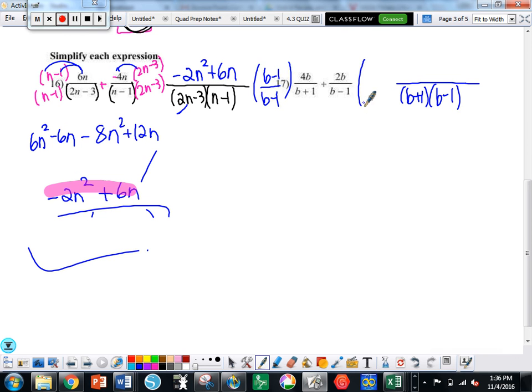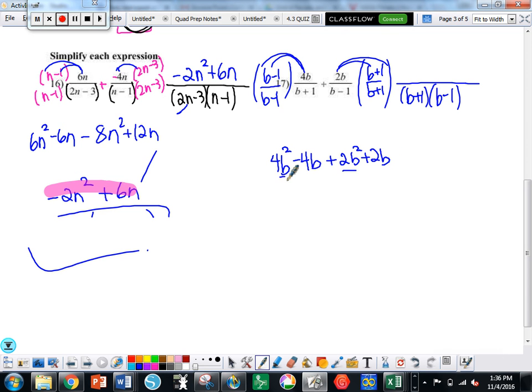The second fraction, b plus 1. So our new numerator would be 4b squared minus 4b, distribute, plus 2b squared plus 2b.